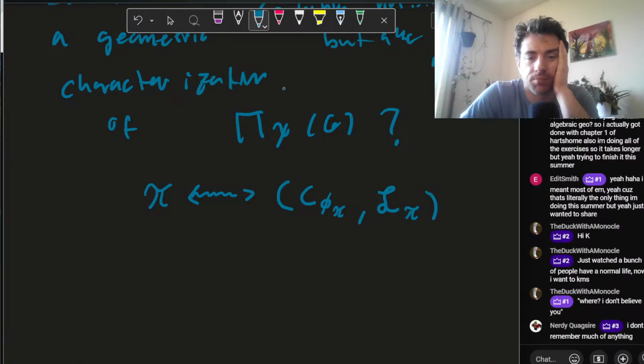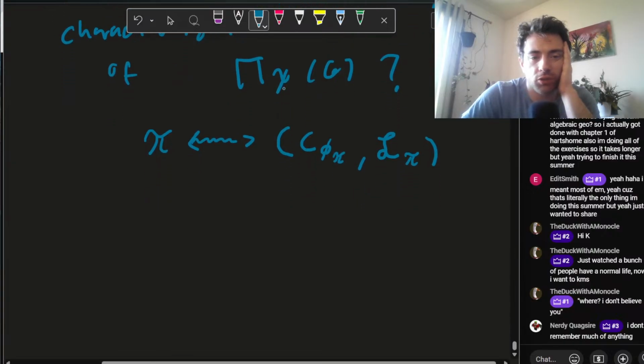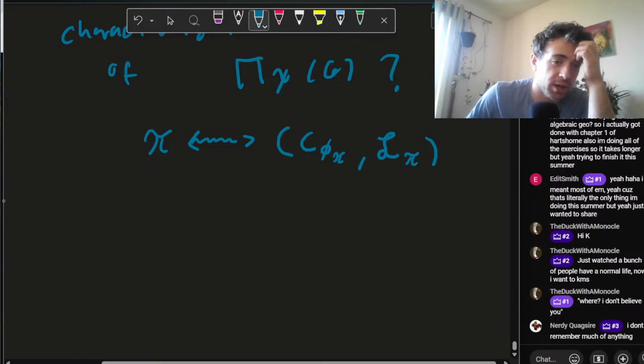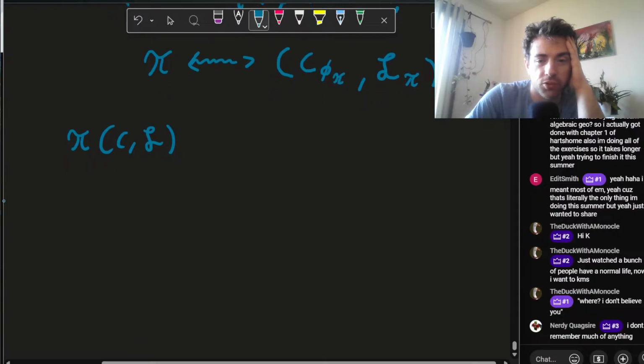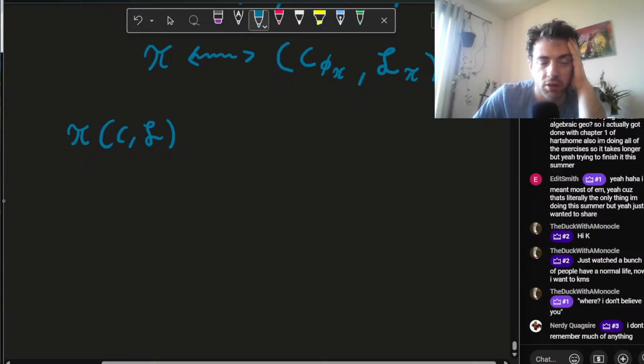So in other words, we know that every pair of an orbit and a local system corresponds to a unique irreducible representation. So we might introduce a notation, pi CL, for the representation attached to this pair.